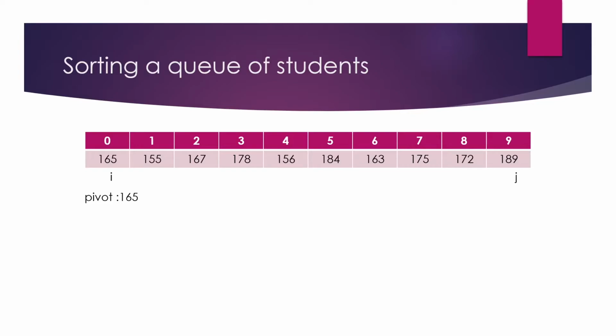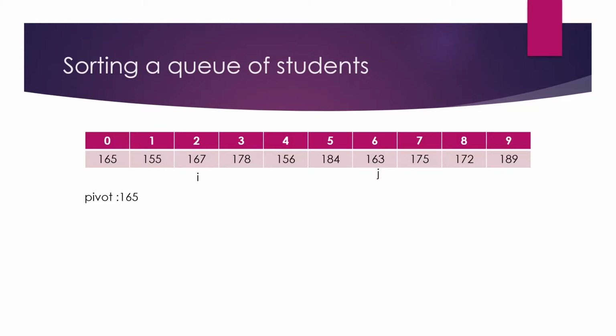To achieve this, we will need I and J, where I will be incremented until it finds an element greater than the pivot, while J will be decremented until it finds a value less than the pivot.